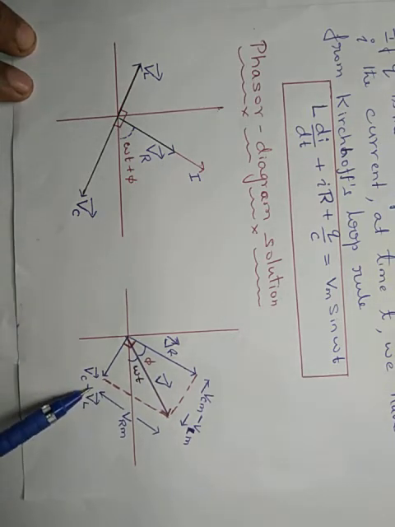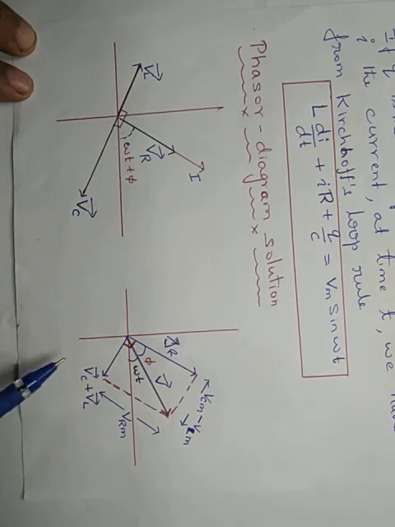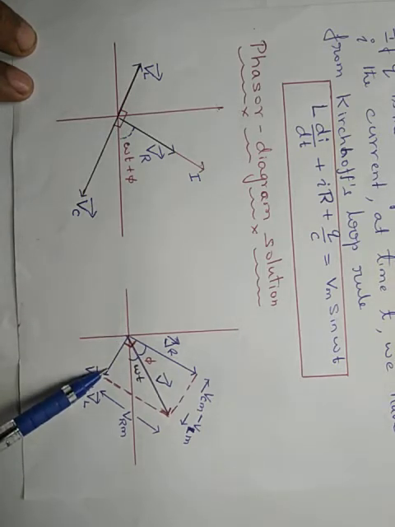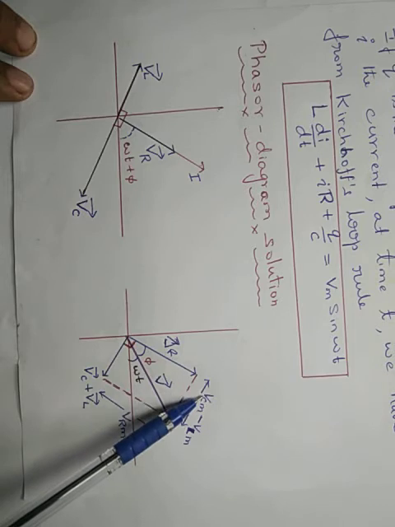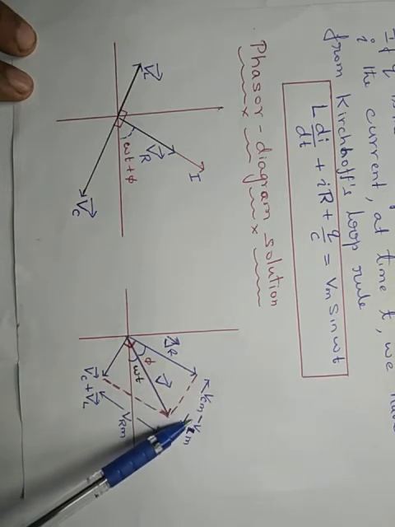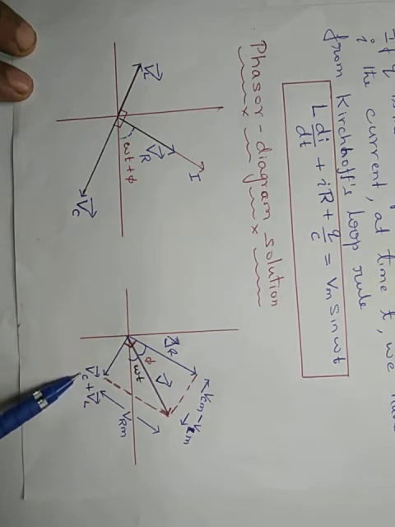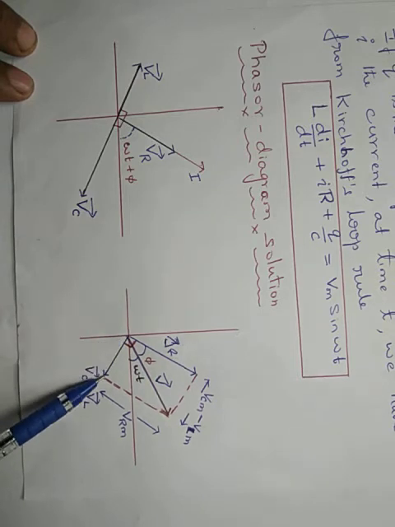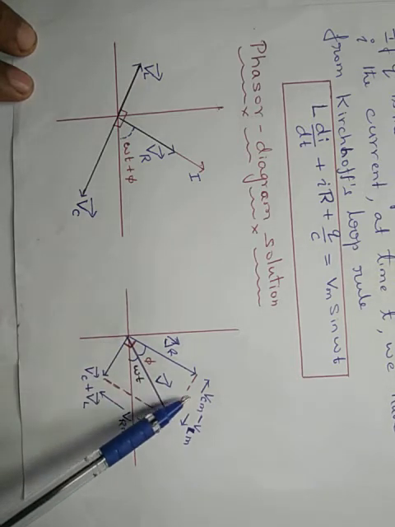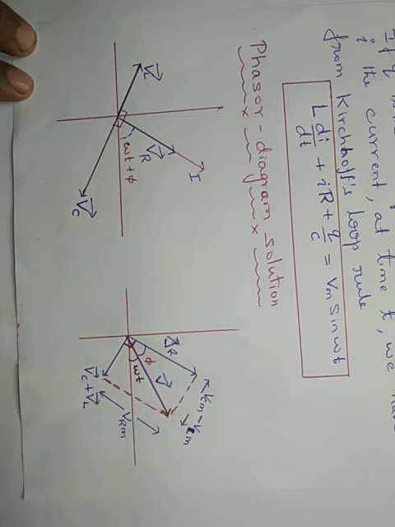Actually, in the magnitude you can write it as VC minus VL. So, maximum voltage, that is VCm minus VLm. So, this length represents in vector form vector VC plus vector VL. In the magnitude, you can write it as VC minus VL or VCm minus VLm.